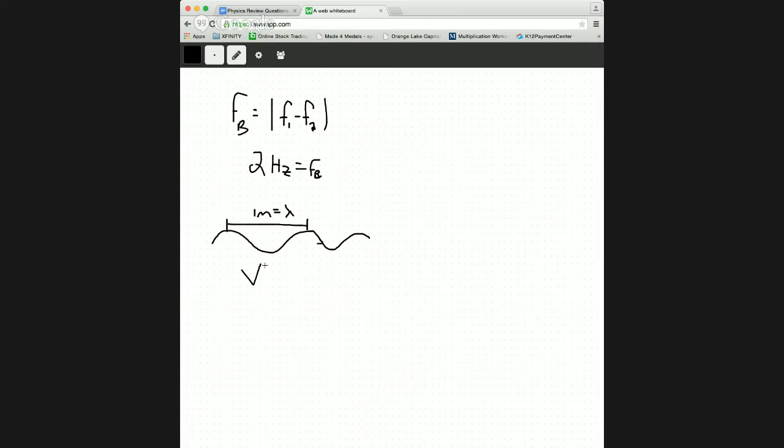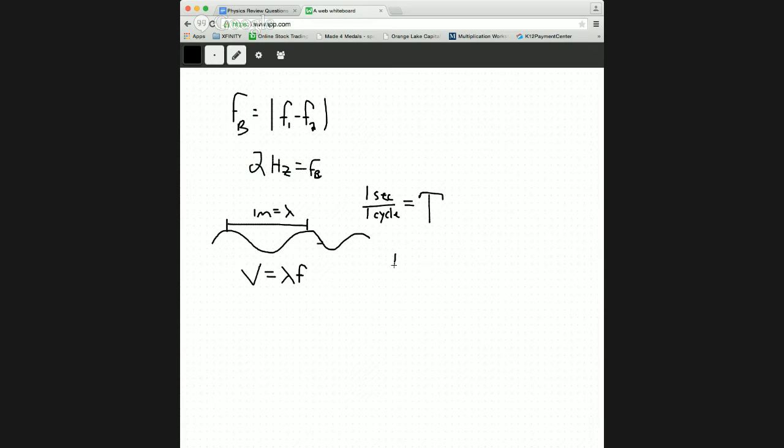And so V equals lambda F. So the question is, how do we find F, right? It wants to know the wave speed. Well, if it takes 1 second for it to go through 1 cycle, then the period is 1 second. So there's the answer for B too.